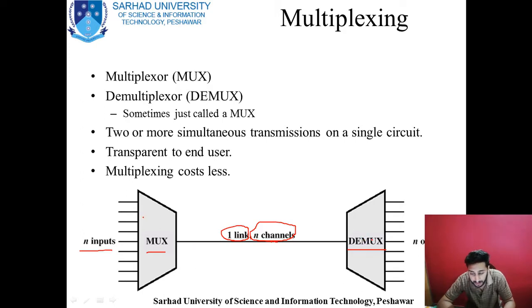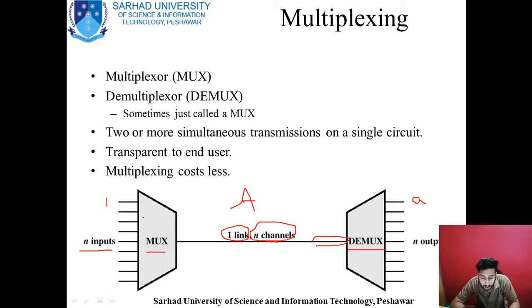At the receiving end, there is a demultiplexer which takes the data from one link, and the data is of n channels, and it provides the user the relevant data. Let's say user 1 has transmitted data to user A, and the message is, let's say, capital A. How will the DMUX be able to cut this entire data and chop this A out and provide it to A?